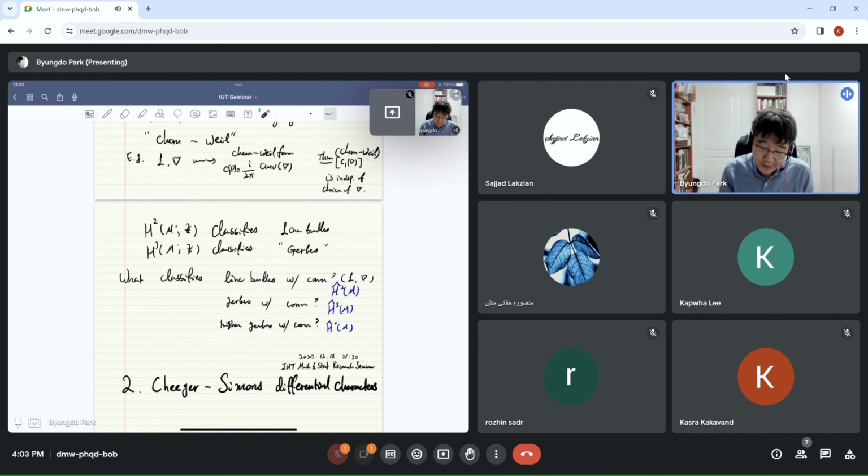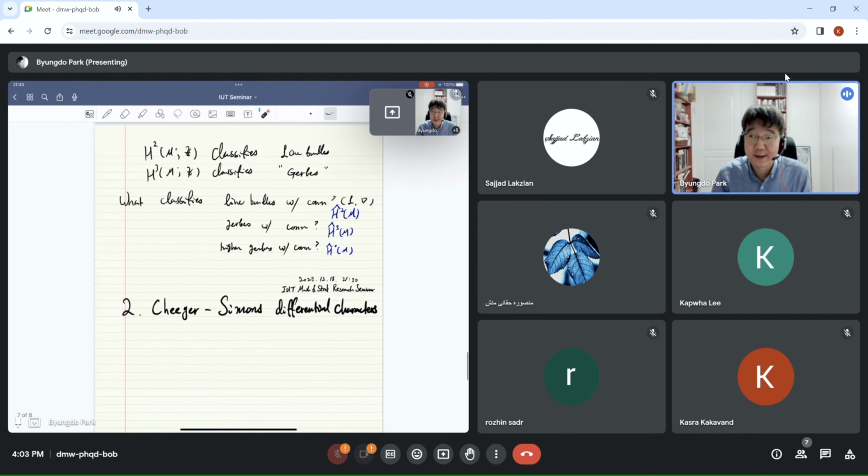But then if we have some connections on your bundle or higher line bundle, so this is L, the S1 bundle with connection, then those things are classified by degree 2 differential cohomology, and gerbes with connection by degree 3 differential cohomology, and higher gerbes with connection by the higher differential cohomology groups of your base manifold.